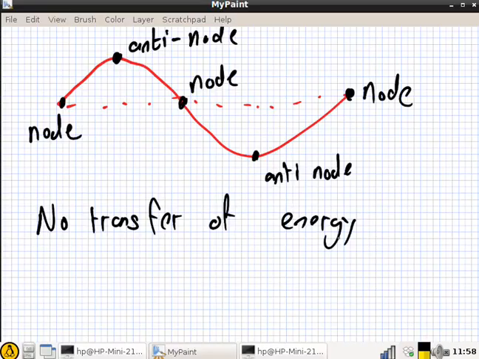So are all stationary waves transverse? No, I don't believe so. I've never actually seen one that isn't, because it's easier to see it when it is. But I would not like to say that they're all transverse, just all the ones we work with are.